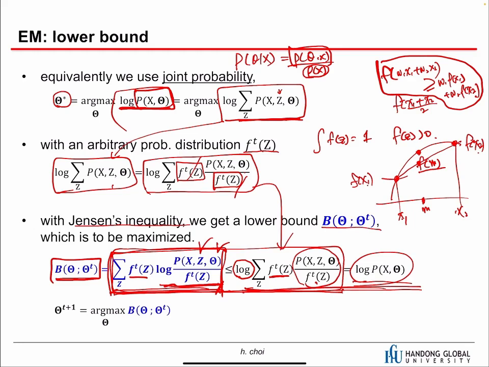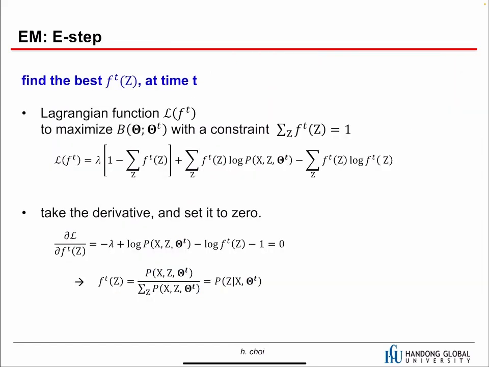So iteratively, every time, given the current theta, we want to maximize this lower bound. As we did in the K-means algorithm, in the expectation maximization algorithm we have two steps.